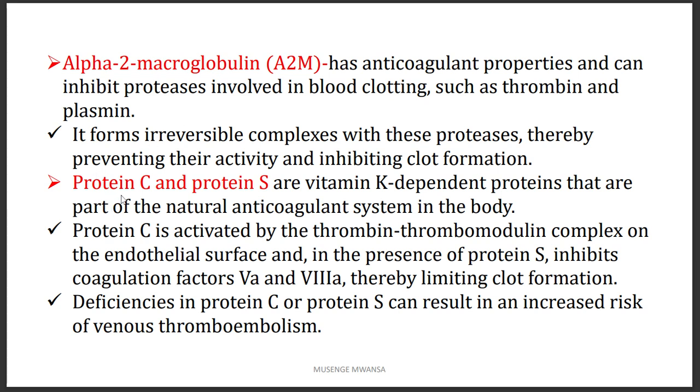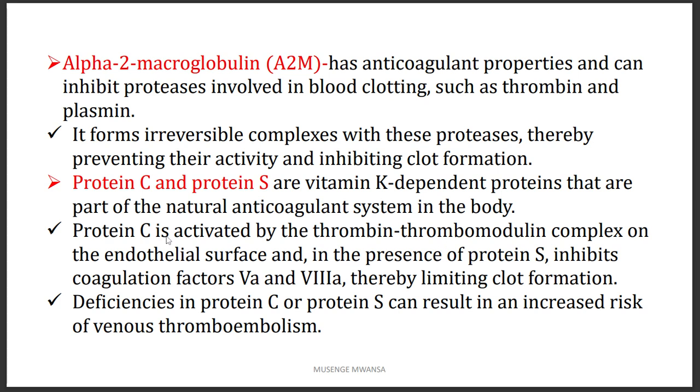We also have protein C and protein S. So these are vitamin K dependent proteins, which are part of the anticoagulation system in the body. So what protein C does is that it's going to be activated by what is called the thrombin-thrombomodulin complex. And this is in the endothelial cells. This is basically inside the blood vessels.